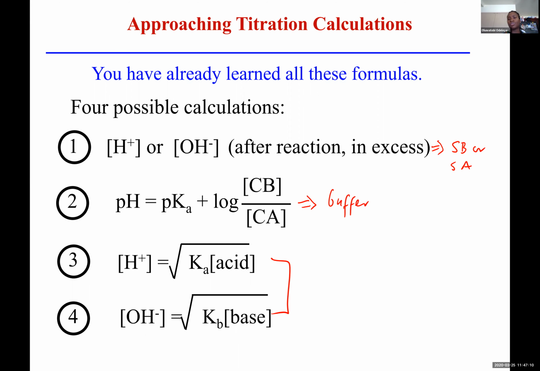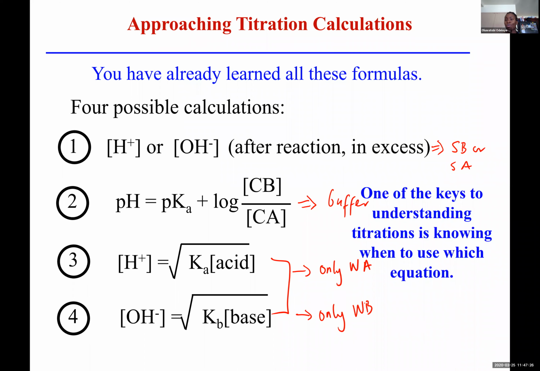And you would use these two: for this one, if you only had a weak acid left, and this if you only had a weak base left. Again, we've talked about all these equations, but the big idea here is being able to know which one to use. So you have to analyze your solution, figure out what you have in that final solution, and then figure out which of these equations you'll be using to find pH.